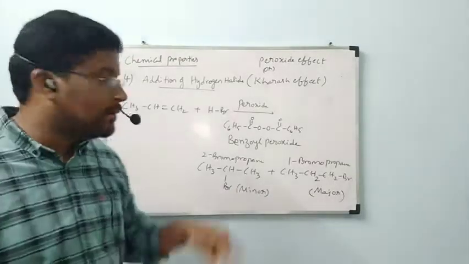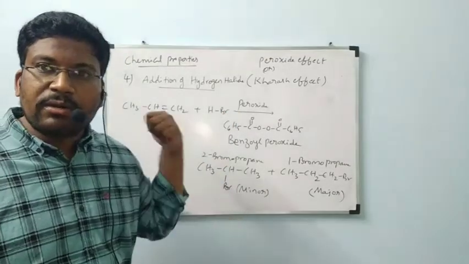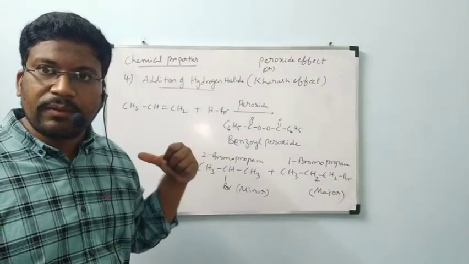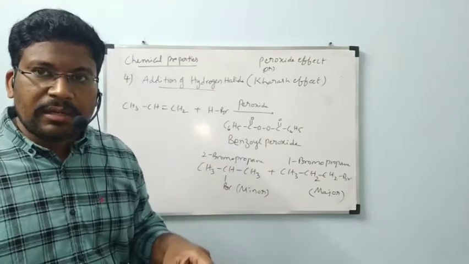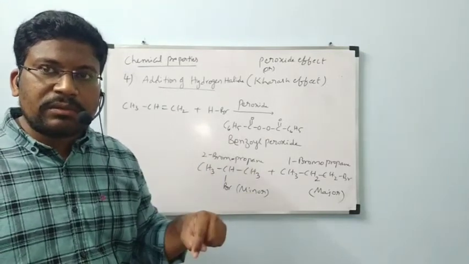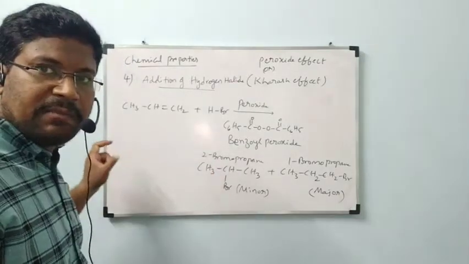This is when they mention peroxide only. If they don't mention peroxide, we write according to Markovnikov's rule. Now we are going to make one statement exactly opposite to Markovnikov's rule. That's why this is called anti-Markovnikov's rule.